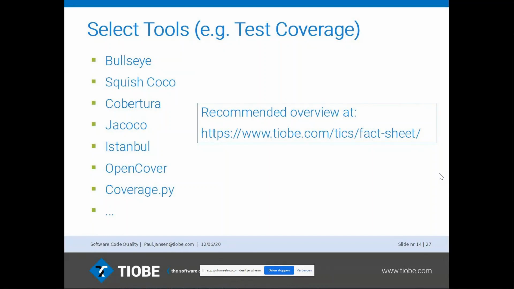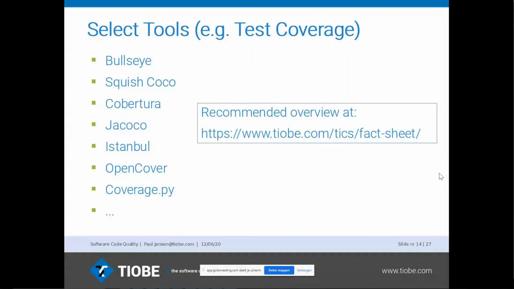But if you are doing C#, then OpenCover is a good one. And if you do Python, coverage.py is a good one. So it depends on the language, but also on your quality constraints, but also your budget. So some of these tools cost money, some are for free. So it really depends on your budget, what kind of tools you are going to select.